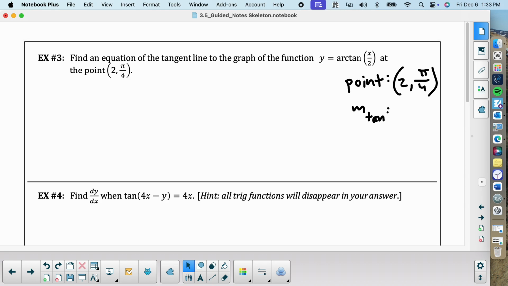If we weren't given the point, and if we were just given x equals 2, how would we have figured out the pi fourths portion? Just plug 2 in for x into the original function? Yes. Because those are the only two ways you can be given it. You can either be given the point or given the x value. And if you're just given the x value, you put it into the original function to get the point.